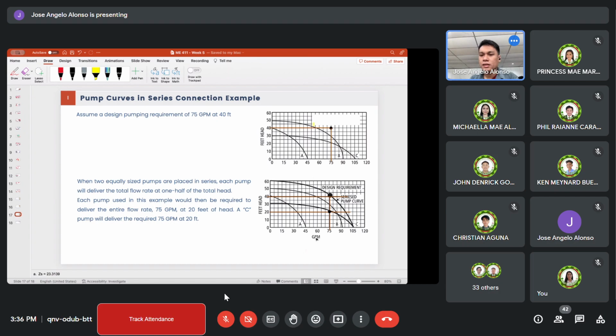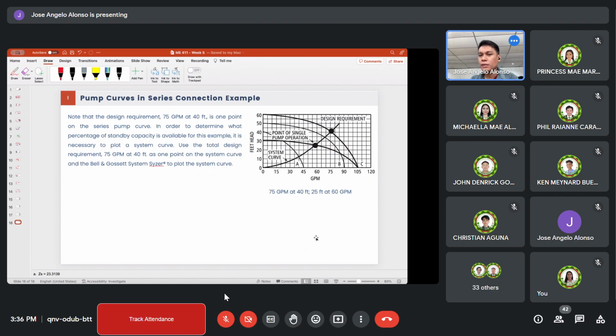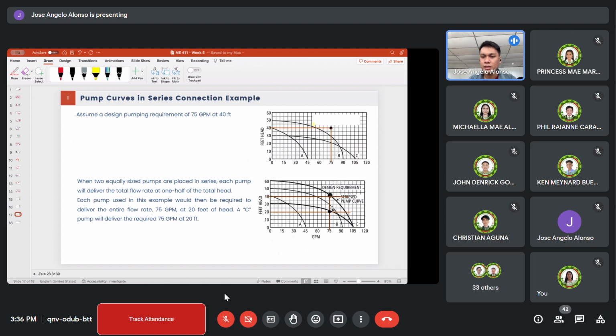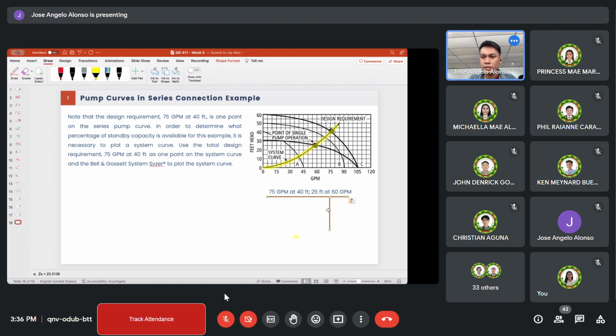Okay. So again, let's plot the point system curve natin. Then, since naka-design naman tayo dun sa system curve na yun, or dun sa point of operating condition natin, then wala magbabago. Kapag both of them is running, then both of them is producing 75 gallons per minute at the same time, 40 feet of head.